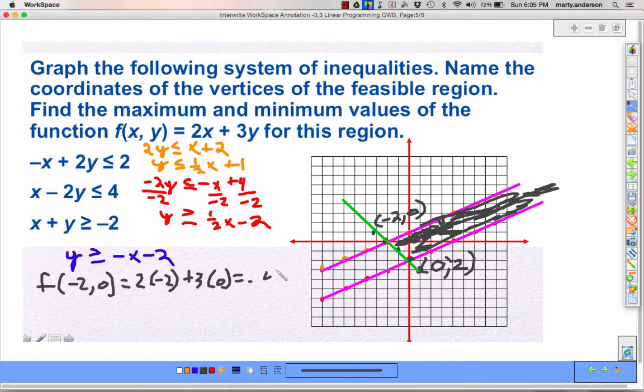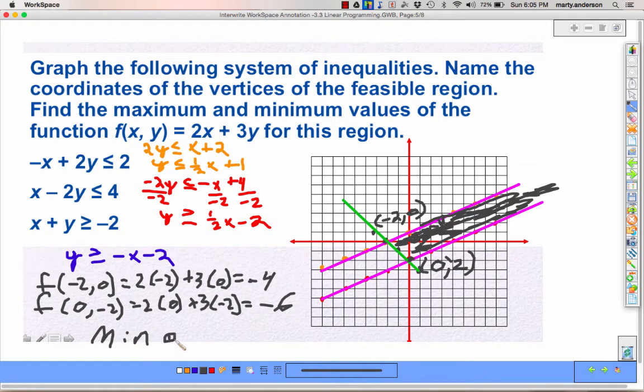I get negative 4. And then I put the other one in, 0, negative 2, and I get 2 times 0 plus 3 times negative 2. I get negative 6. So clearly I have a minimum value of negative 6 at 0, negative 2.